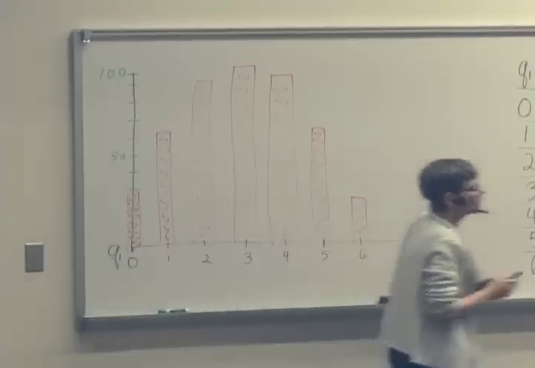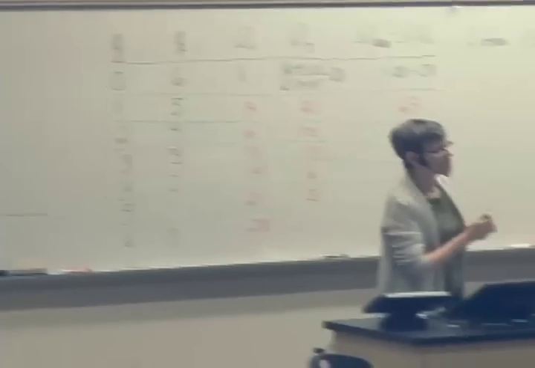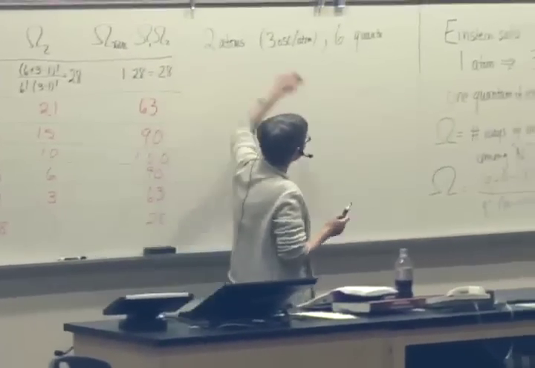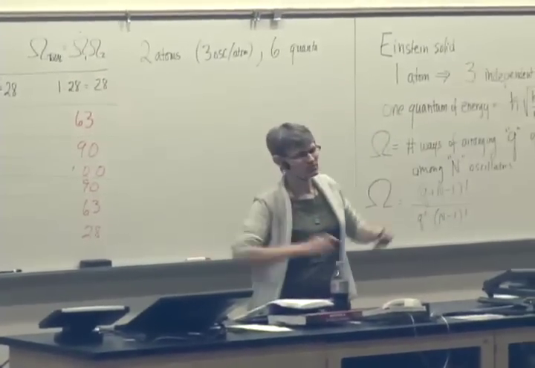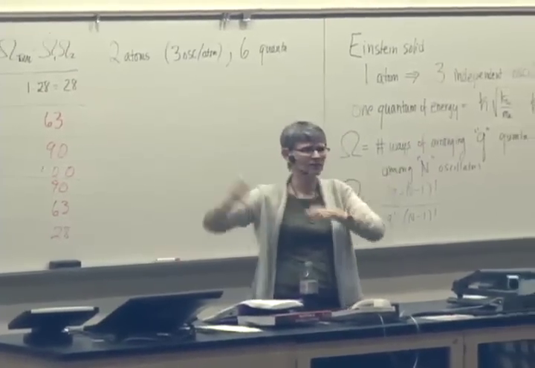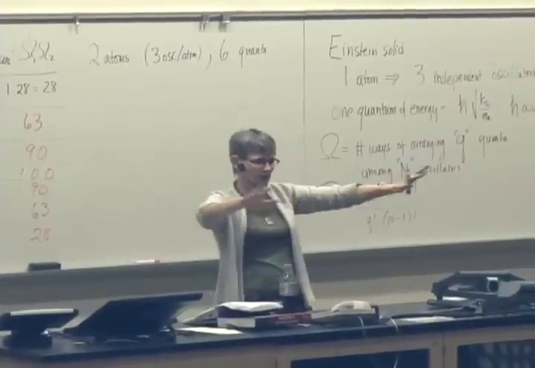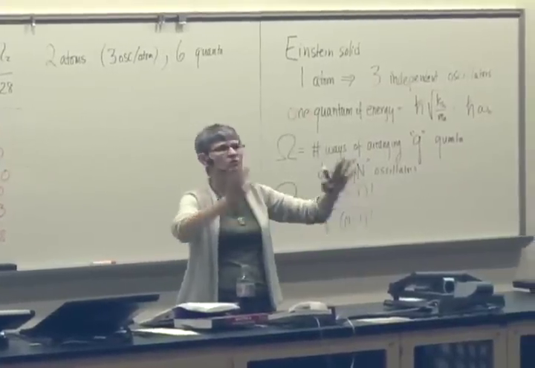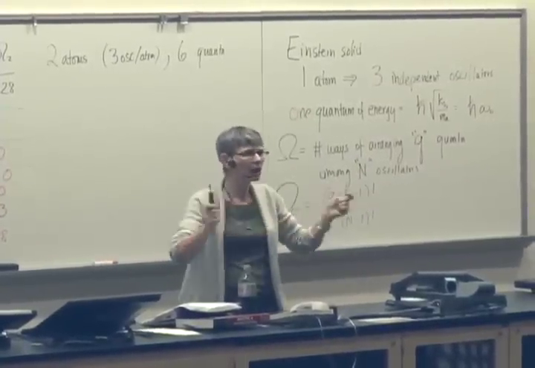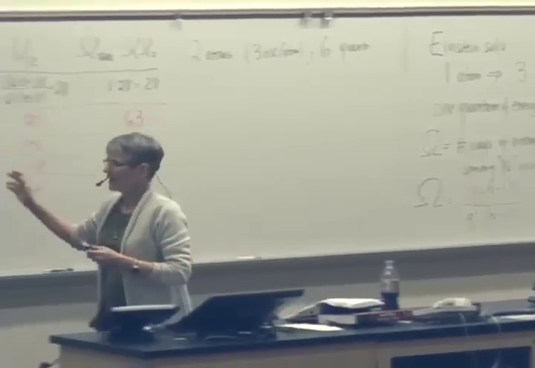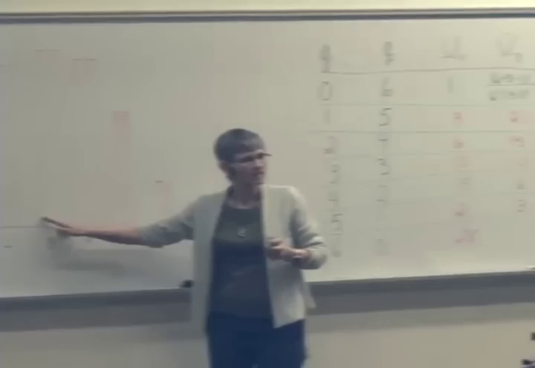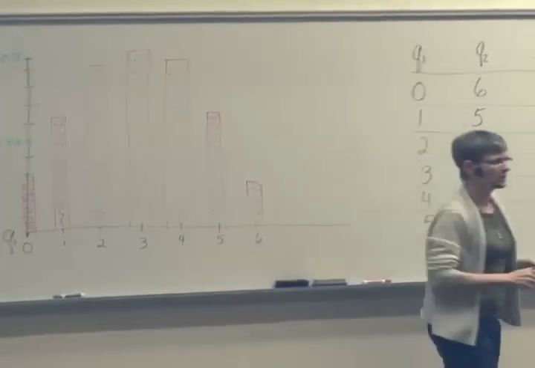Another way of thinking about it is, suppose you had 100 systems, each consisting of 2 atoms, and you set them all up, and then you took a snapshot and looked at them all simultaneously. How many of them would have 3 and 3? Well, more than any other arrangement.